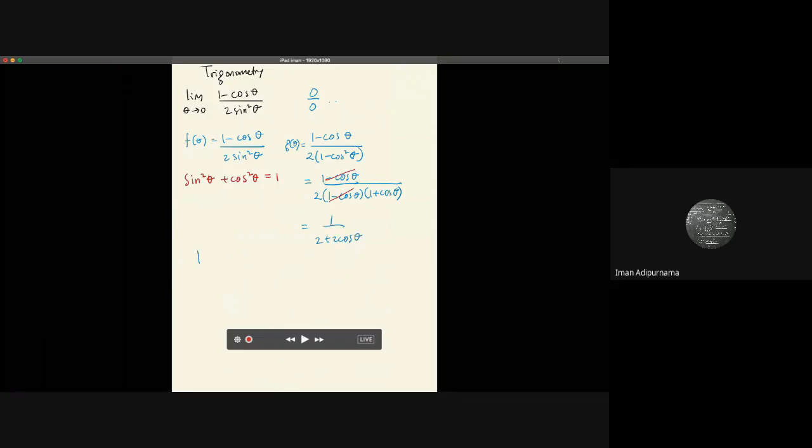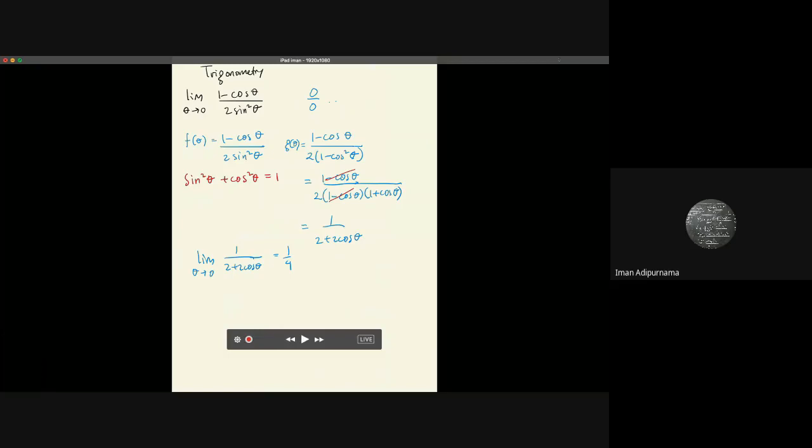Then we can input the limit at the very end. So it's 1 over 2, giving 1 over 2 in the limit. Okay.